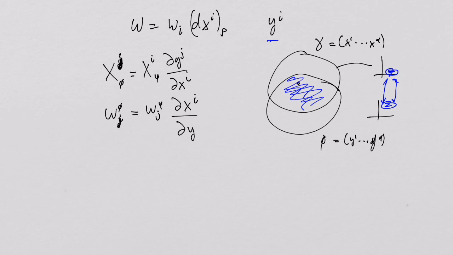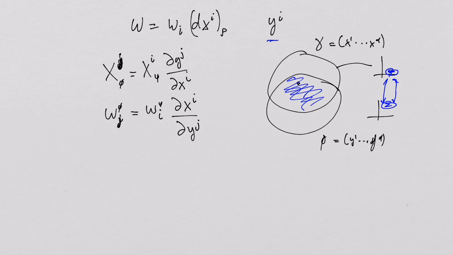I don't know why this is so hard. This is obvious. There's only one way it can be. So the down index will be j, then this up index will be i, and this down index will be i.